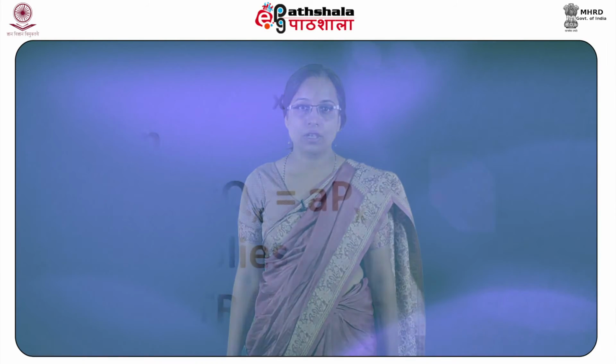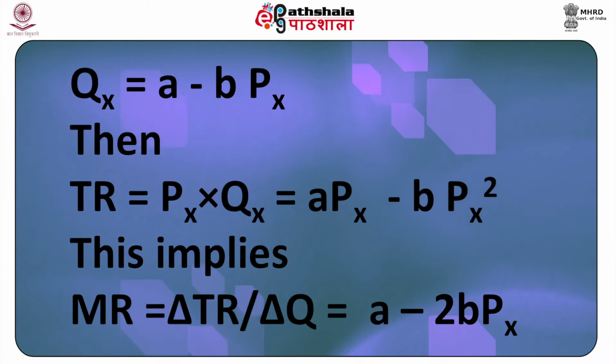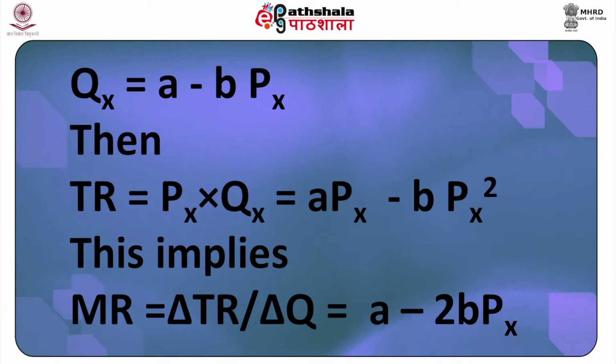This implies that MR is twice as steep as the demand curve as shown below. Example, if the demand curve is QX is equal to A minus BPX, then total revenue is price into quantity and we get the expression of APX minus BPX square. This implies that marginal revenue, which is change in TR by change in quantity, is A minus 2BPX.